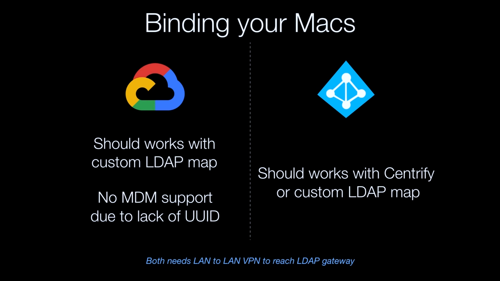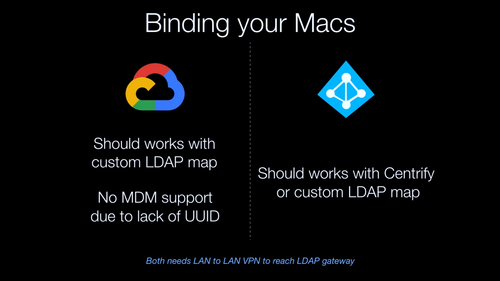But the thing is, your user will be able to connect, but since Google Cloud does not have any kind of UUID available in the LDAP schema, you will not be able to use the network user extension on the MDM part. Like if you are using an on-prem AD, when a user connects to a Mac, the user identity is actually reported to the MDM, so the MDM can have user-level management of those network users.